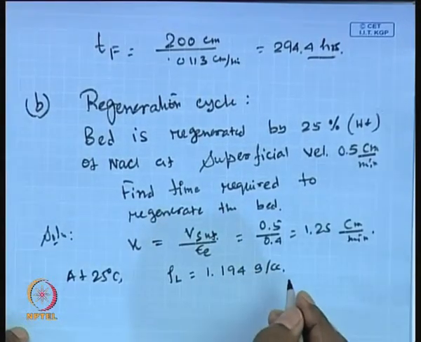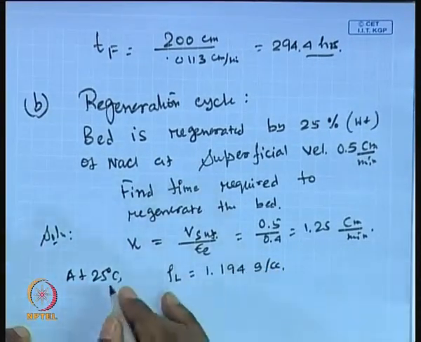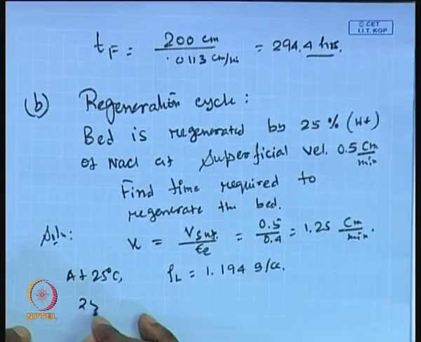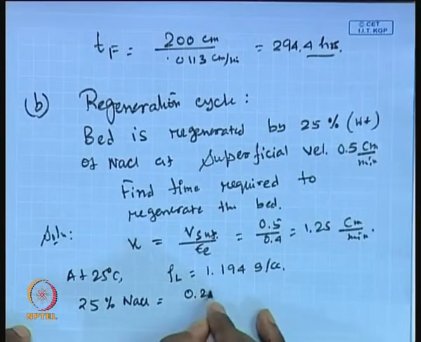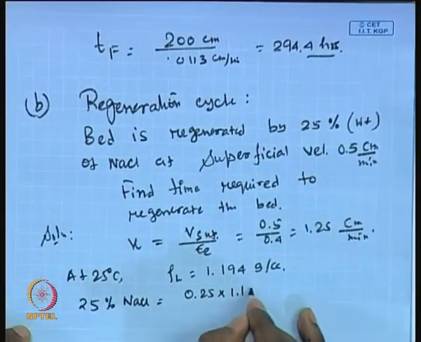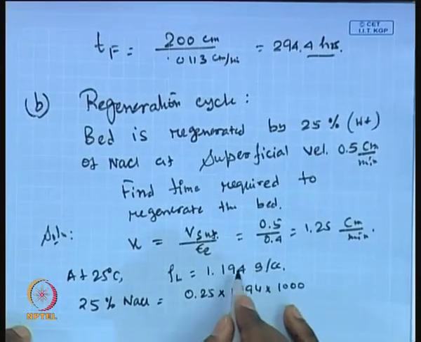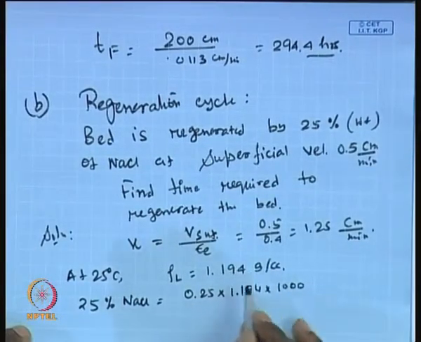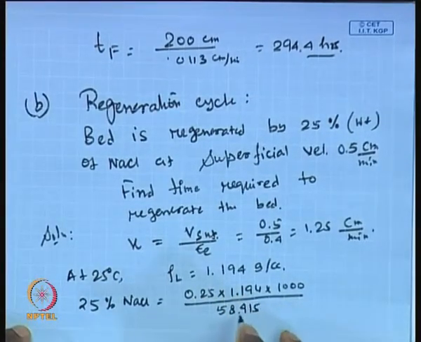So, you can convert 25% NaCl to equivalent per liter. 25% NaCl means 0.25 into 1.194 into 1000, this is basically the density of liquid at 25% NaCl, divided by 58.4145, the molecular weight of sodium chloride.